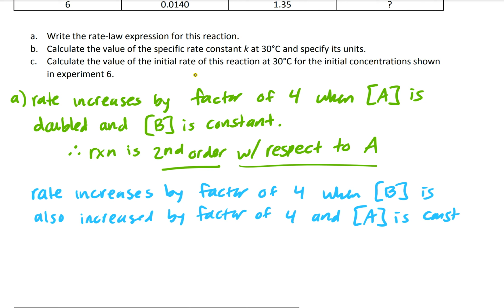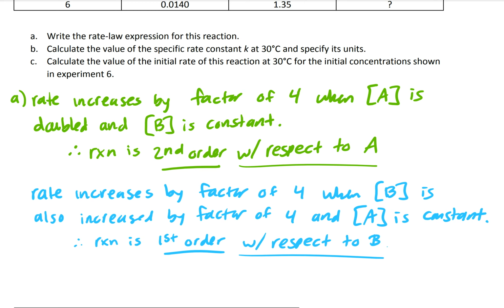It's important that you write that A is constant, because that lets us know that A is not affecting the reaction rate. The reaction rate is solely being changed because B is being changed. Therefore, the reaction is first order with respect to B.